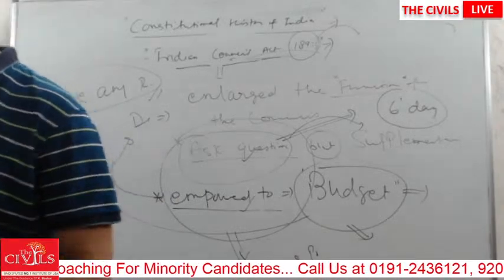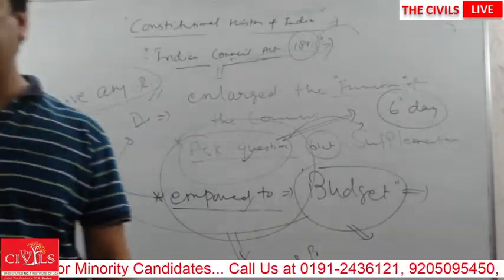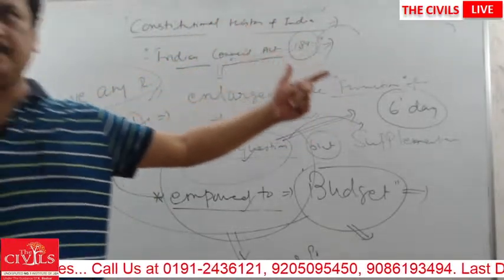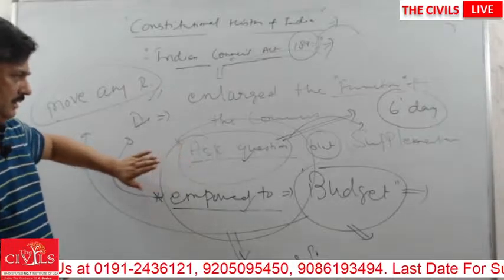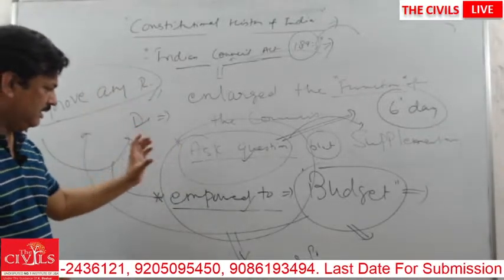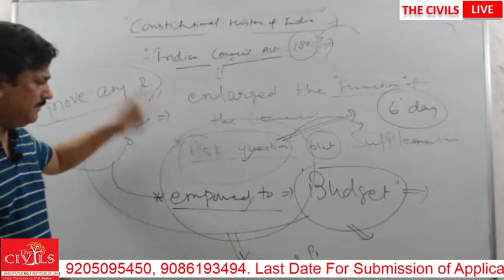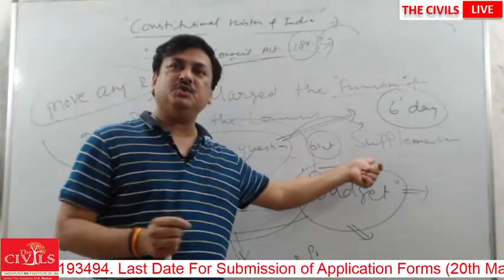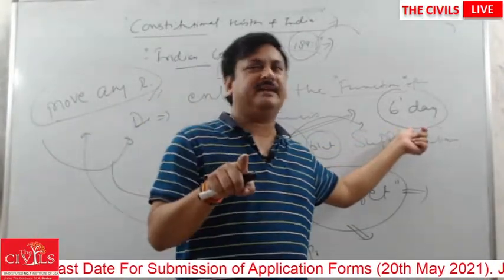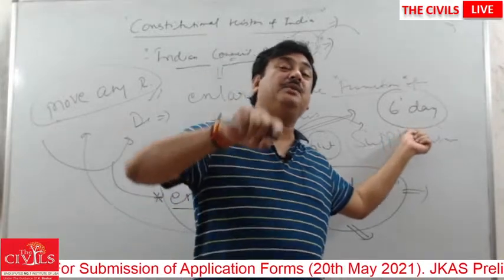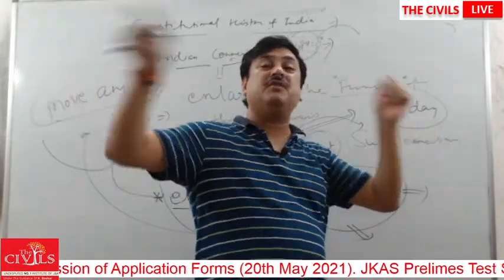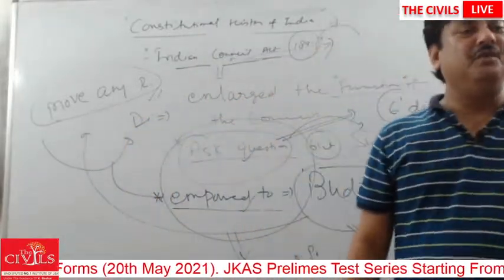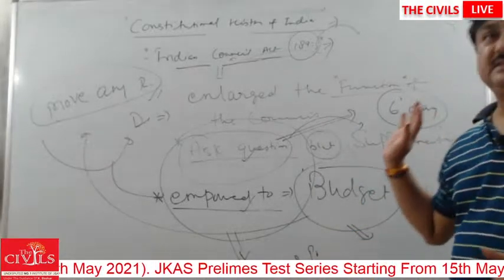Six days prior notice, only internal matters, public interest, not external matters. The members got the right to ask questions, but not supplementary questions, and to ask a question they had to take prior permission from the house by giving notice, and the period of notice should not be less than 6 days.